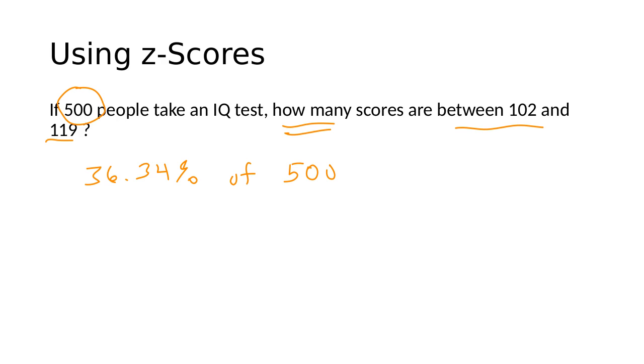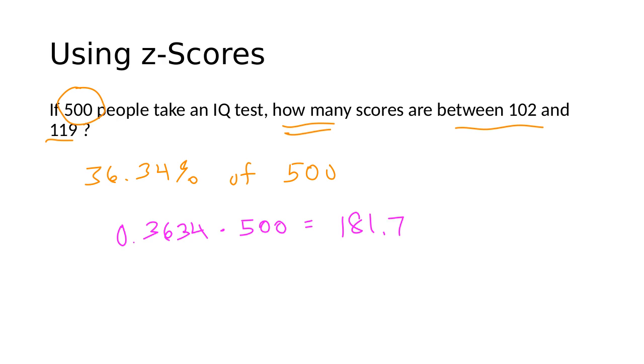So what I want to know is what is 36.34% of 500? And to do that, we're just going to convert to a decimal and multiply. When I multiply those two together, I get 181.7.